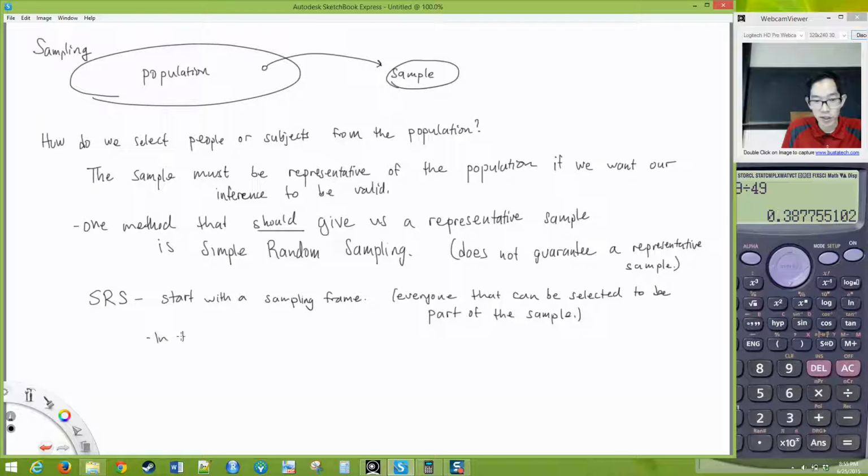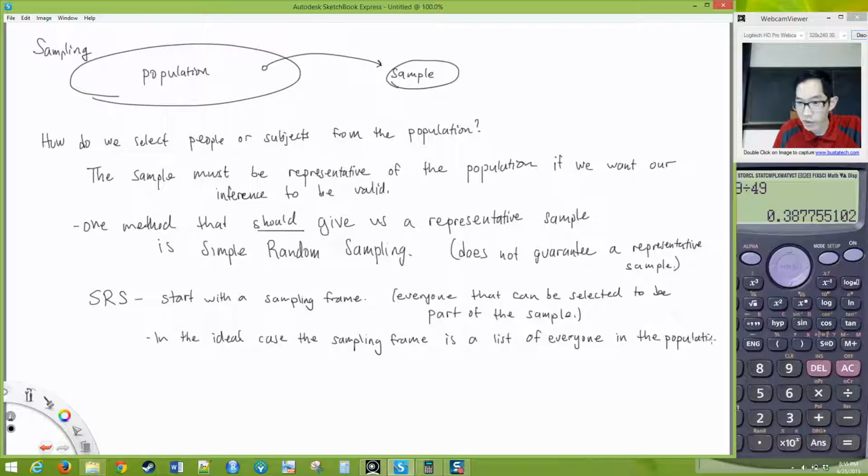In the ideal case, the sampling frame is a list of everyone in the population. That is the ideal case, that being, everyone in the population would be in your sampling frame, and therefore, everyone can be selected to be part of the sample.